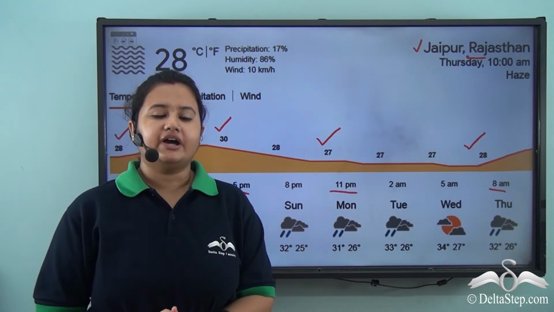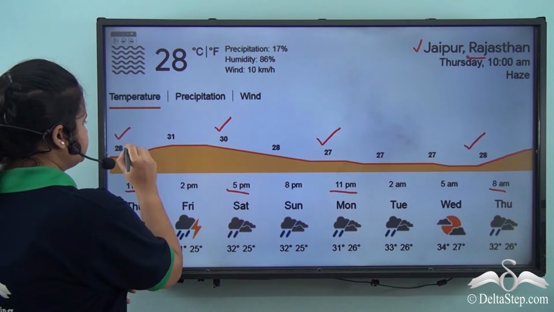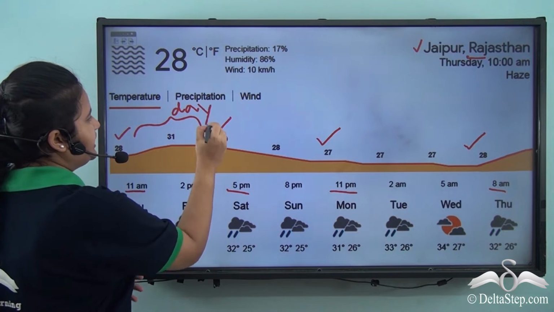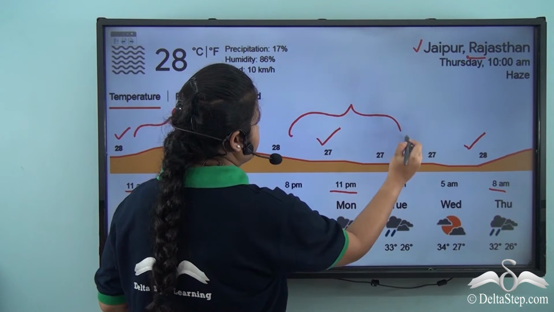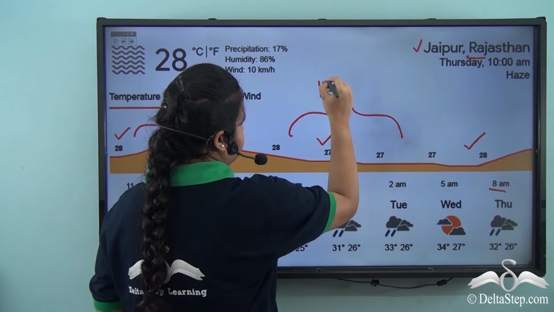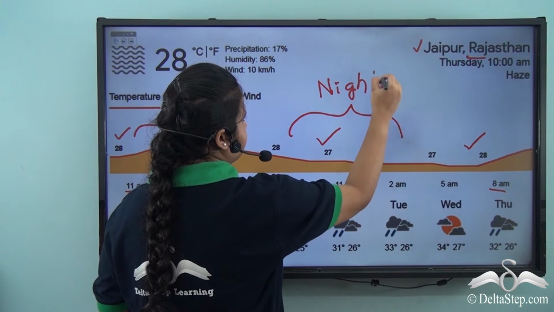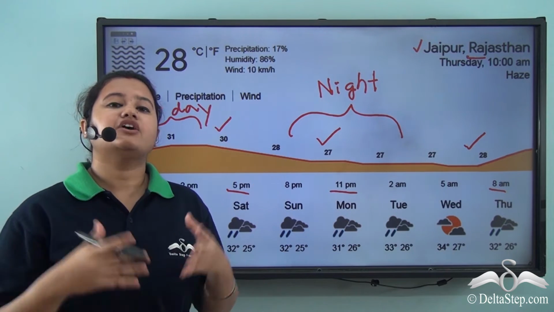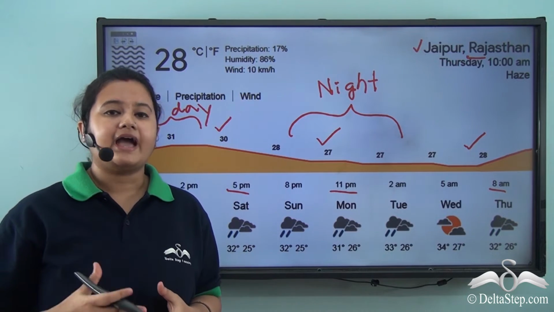So from this chart, we can understand that the temperature during day is usually very high, while the temperature at night drops or declines. So we can find that there is a variation in temperature of a place during day and night.